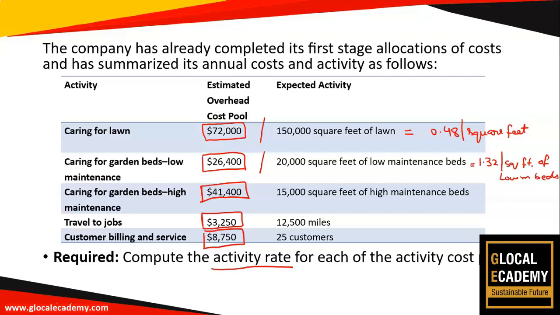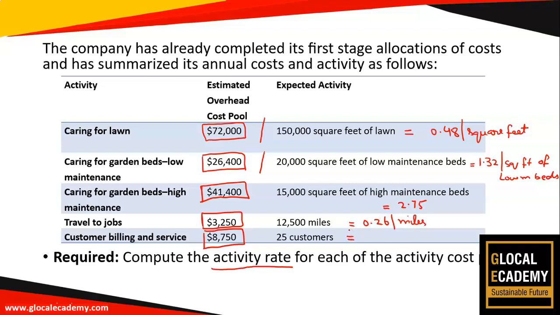And if I divide 41,400 by 15,000, the rate would be 2.76. And if I divide 3,250 by 12,500, the rate would be 0.26. This time it would be per mile because the activity measure is in miles.